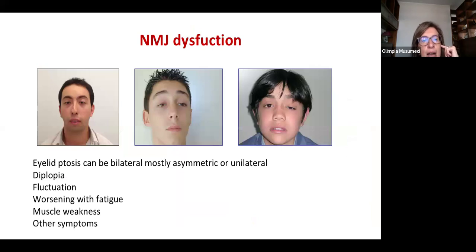In myasthenia gravis, usually eyelid ptosis can be bilateral, but mostly is asymmetric or unilateral, frequently associated with diplopia. Usually the condition is fluctuating, with worsening with fatigue, and is associated with muscle weakness.